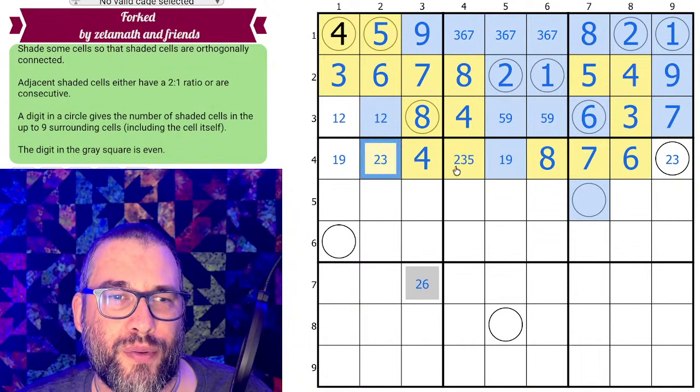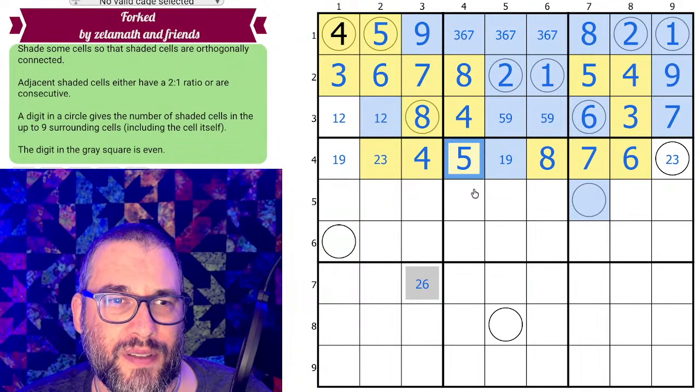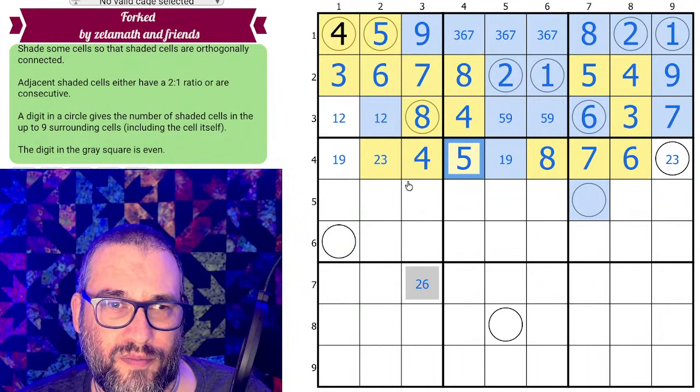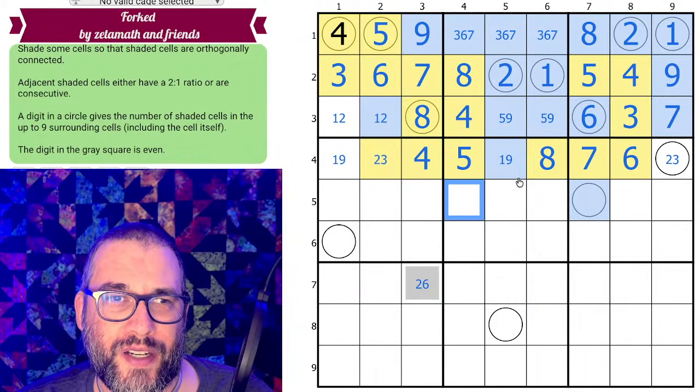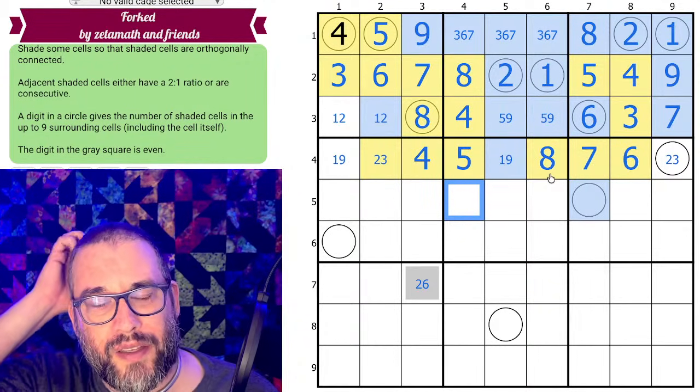Now we have a 2-3 pair, so that's a 5. So if that's shaded, it's a 6, which it could be.